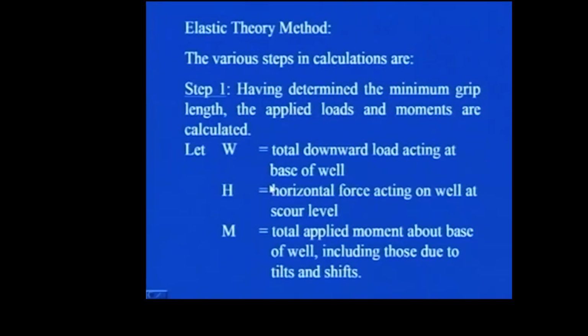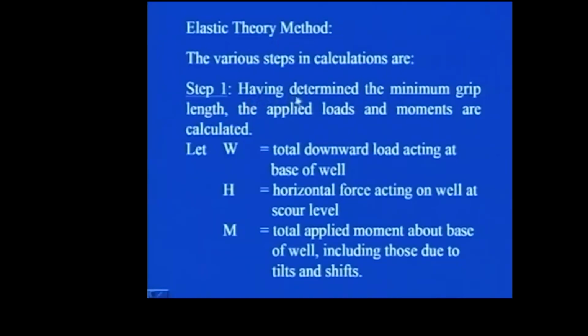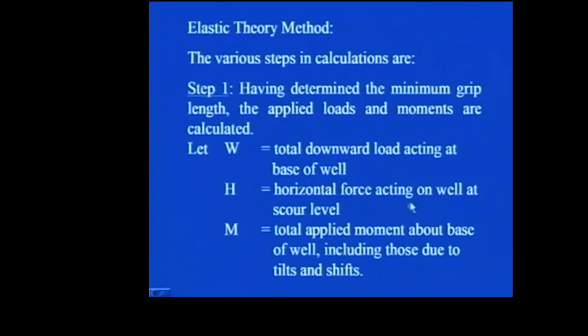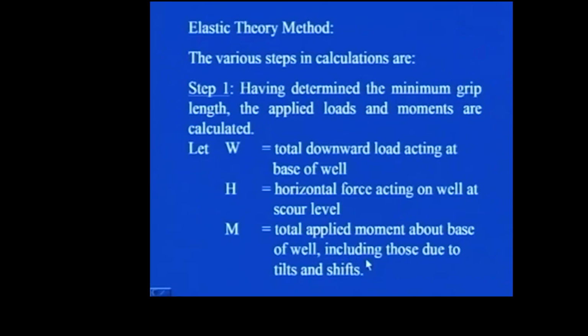Now, after knowing all these assumptions of the elastic theory method, the various steps to be followed in this particular method are: step 1 is that first, having determined the minimum grip length, the applied loads and the moments are calculated. So, let W be the total downward load acting at base of well, let H be the horizontal force acting on the well at scour level, and M is the total applied moment about base of well including those due to tilts and shifts.